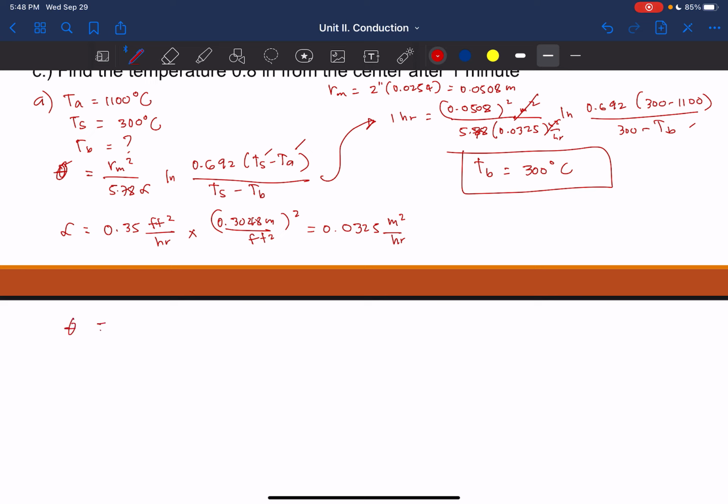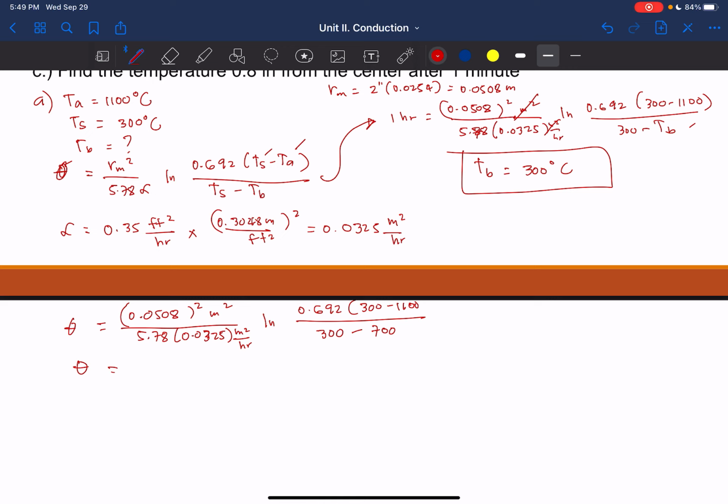Theta again is equal to 0.0508 squared, meter squared, all over 5.78 times 0.0325 meter squared per hour, ln of 0.692. Ts is 300 minus 1100 all over 300 minus the new temperature, 700. Get your theta in hours.